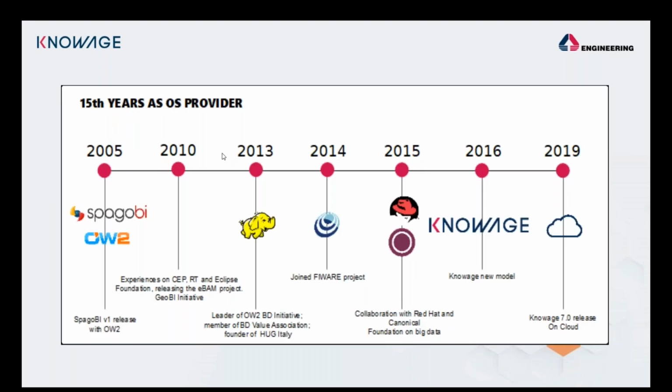Knowage was started more than 15 years ago under the name of Spago BI. Then the product encountered great growth through many collaborations and partnerships, until in 2016, Spago BI changed its name to the actual name, Knowage.